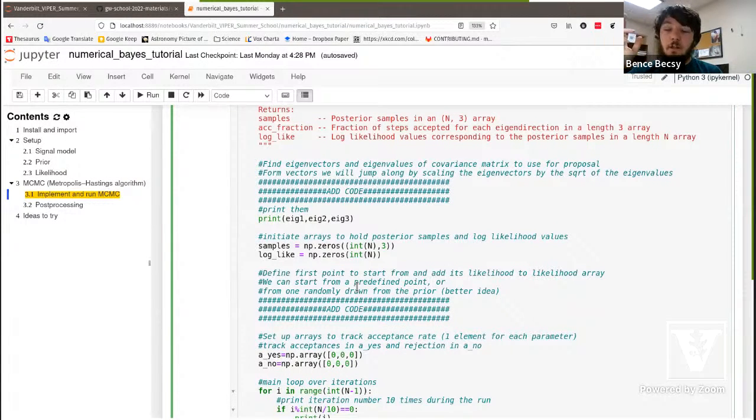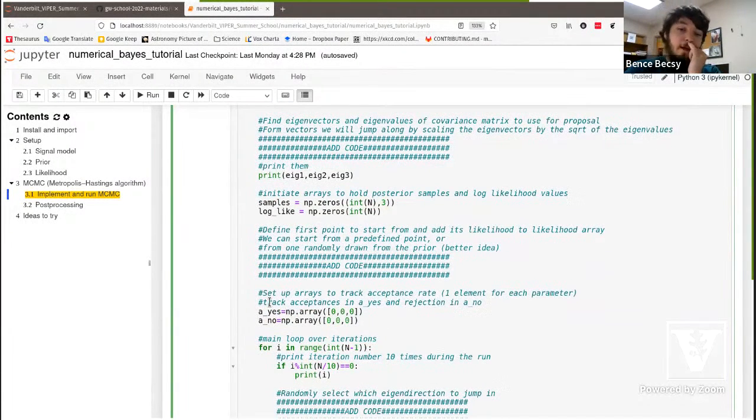That could be just whatever point you hard code in here, but it could also be drawing a random sample from the prior. That's probably a better idea, but it should be fine starting from just any point in this simple scenario here.